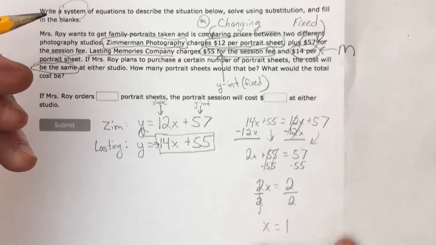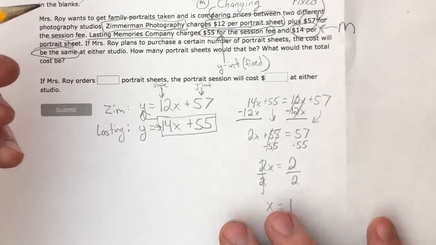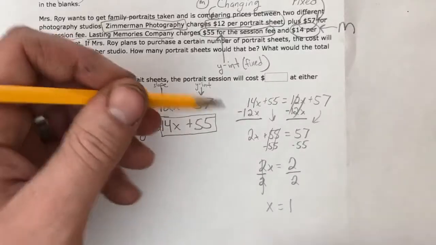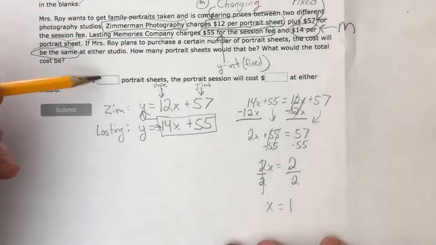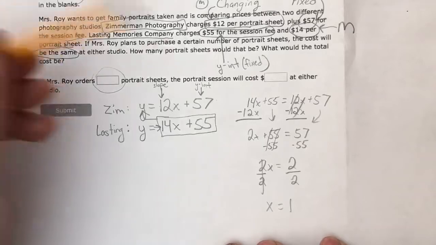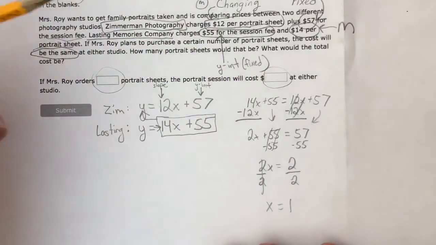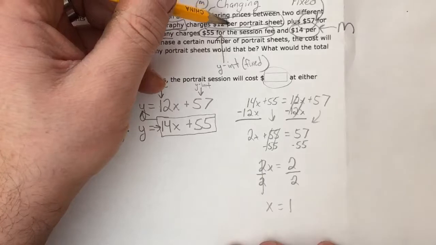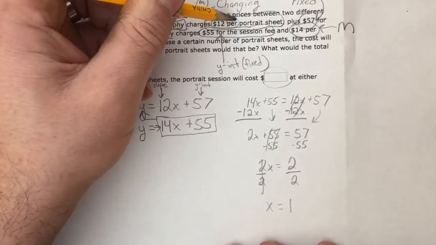Now, the key thing about the x being equal to 1 is you have to determine what exactly the x is. If you'll notice in our answers, they want how many orders and they want the cost. So you have to determine, is x your cost or is x your portrait sheets? Remember when we wrote our equations, see how we had $12 per portrait sheet?